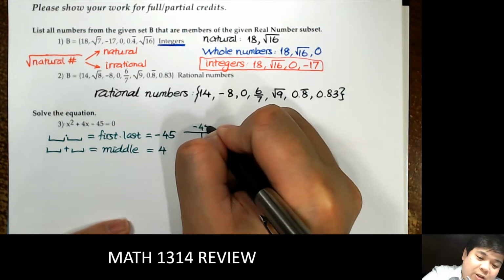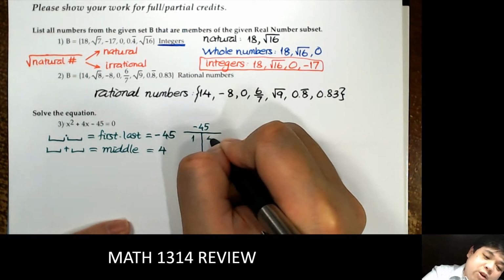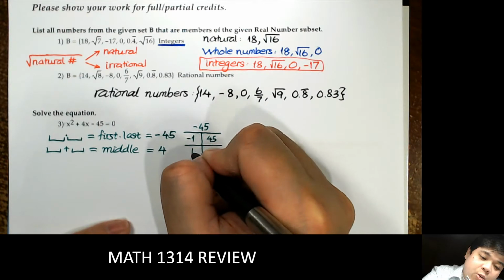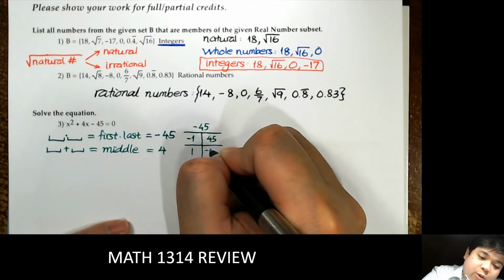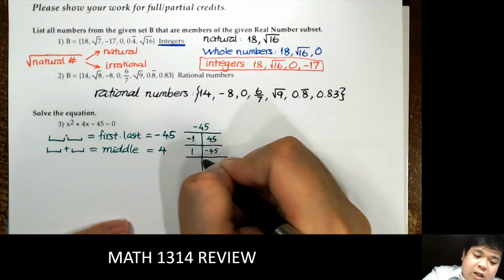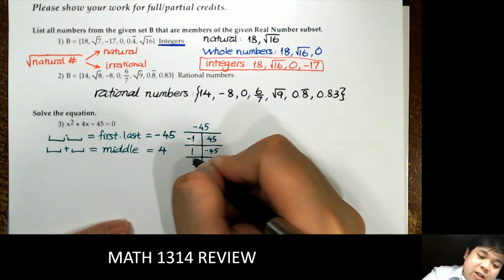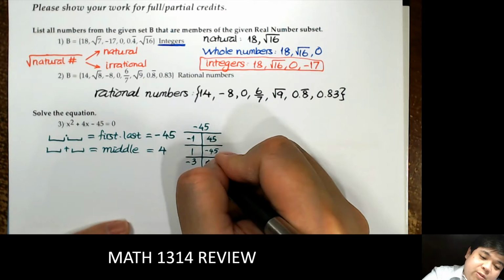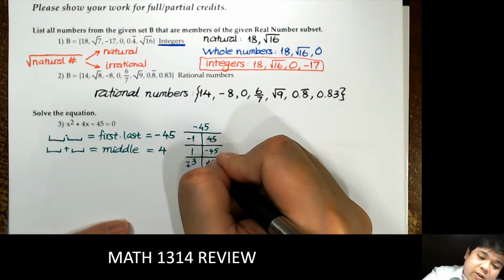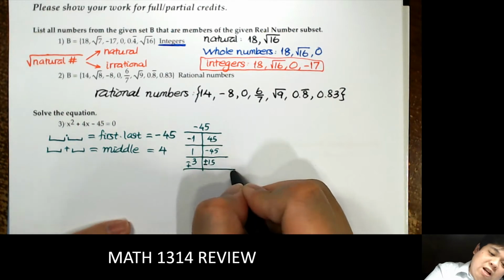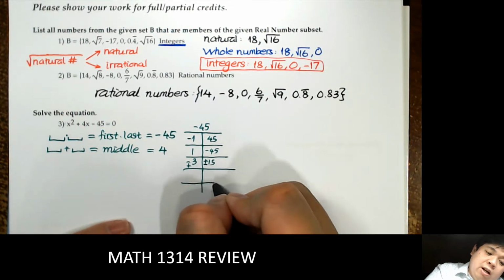Negative 45. So we could have 1 and 45, or 1 and negative 45. That doesn't work. 2 doesn't work. 3 and 15, negative positive or positive negative, that doesn't work either.